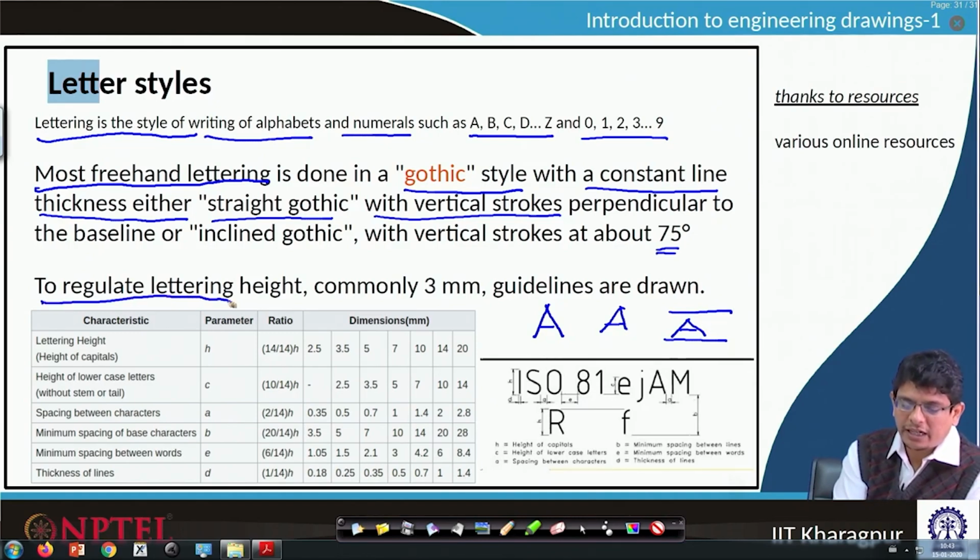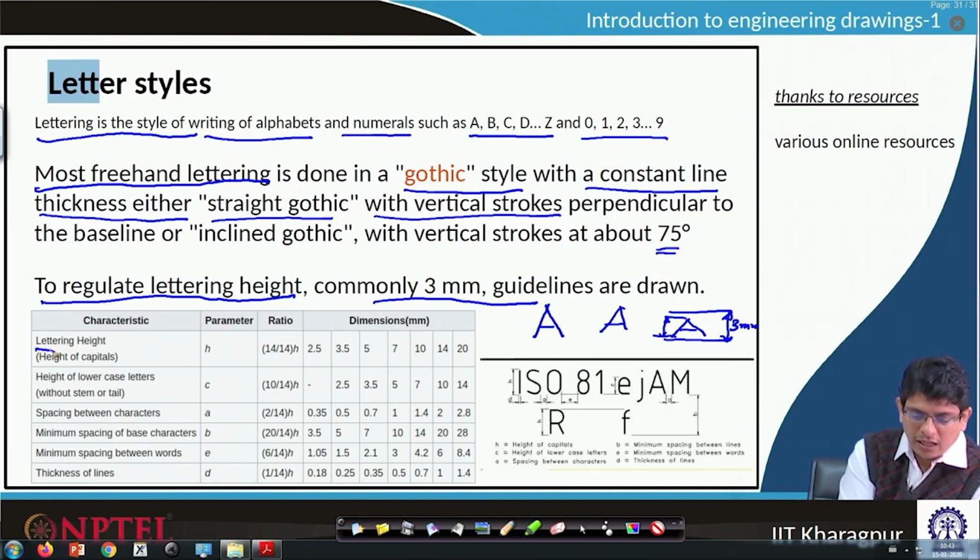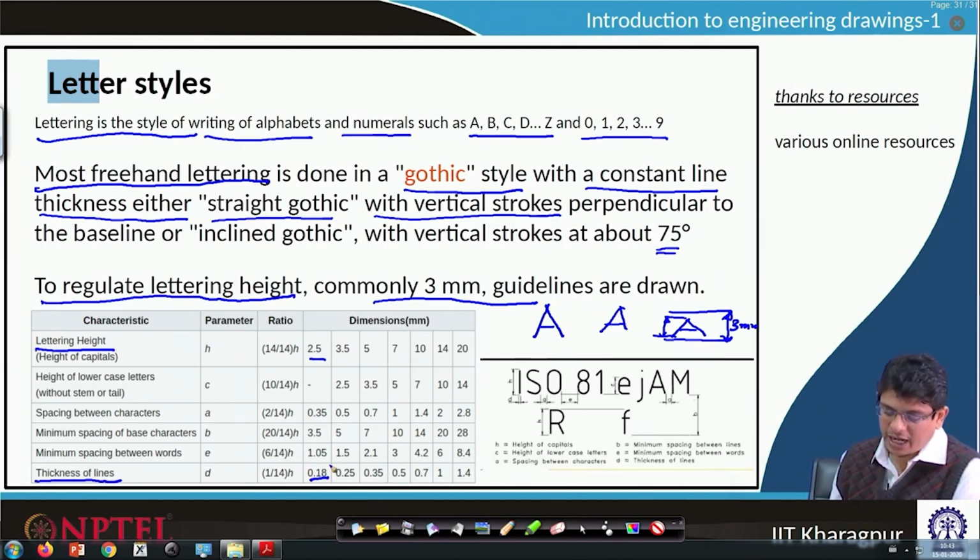To regulate lettering height, commonly 3 millimeter guidelines will be used. So, your letters are supposed to be within 3 millimeters. For lettering height of capitals, we use 2.5 millimeters. For thickness of lines, we use 0.18 mm.